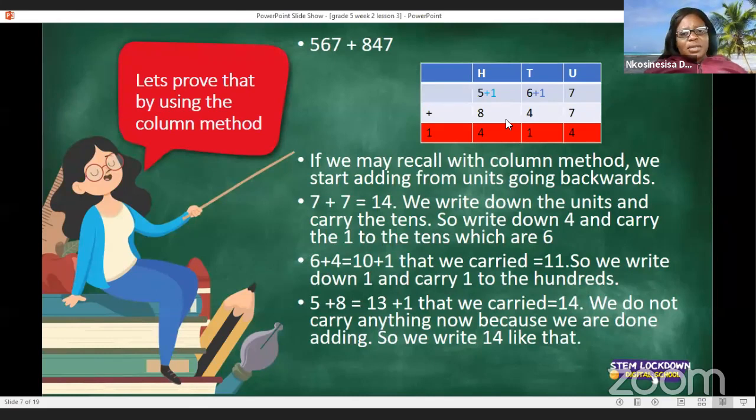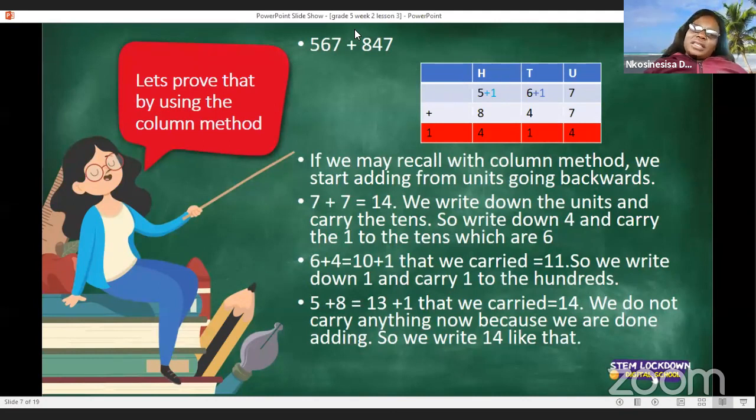With the column method, I think almost everyone is familiar with it, but if you are not, remember we talked about place value. I said that it's very important, if you're confusing your values, to have a place value table, and we always work from right to left.